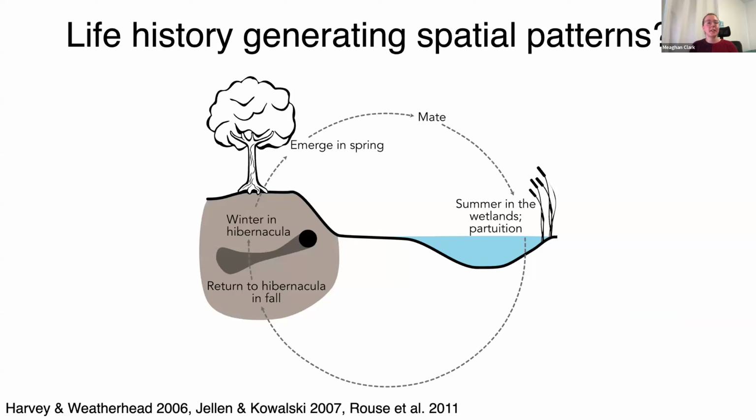And we think it's likely that the life history of eastern Massasaugas is generating these spatial patterns. First of all, eastern Massasaugas have extraordinarily limited dispersal. The maximum distance between capture locations of any snake over the course of 10 years of capture-recapture data was 960 meters. So they're not moving around very much.